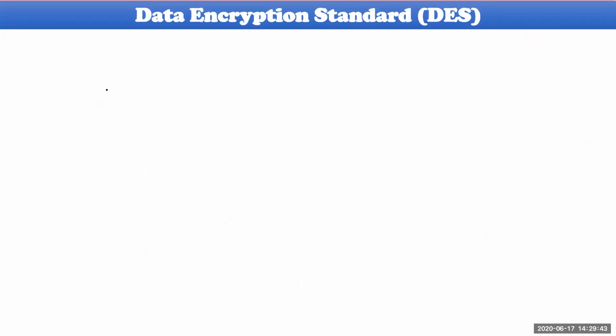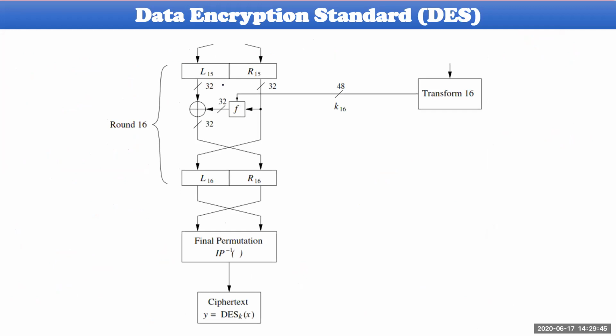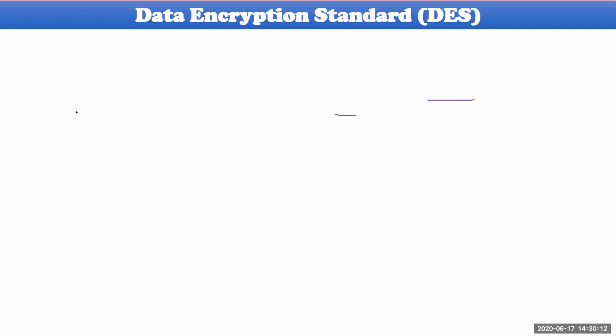At the last and final round, look at L15: the 16th transform happens, reduced to 48 bits, which is called key 16. The operations are the same.